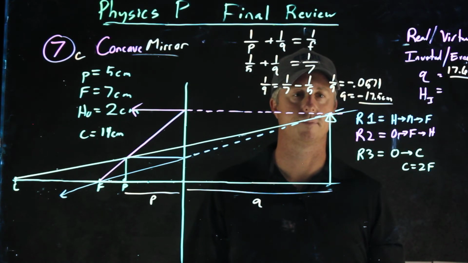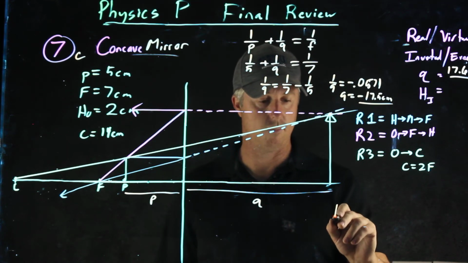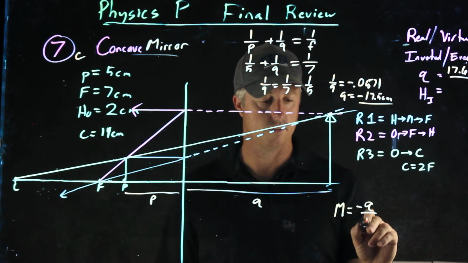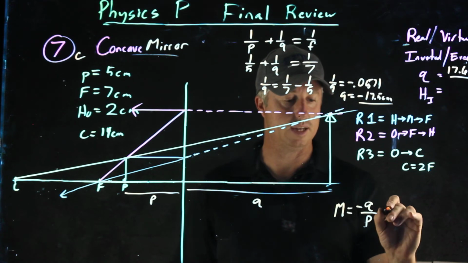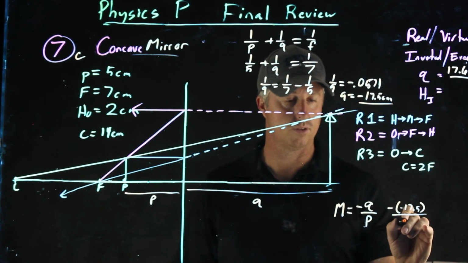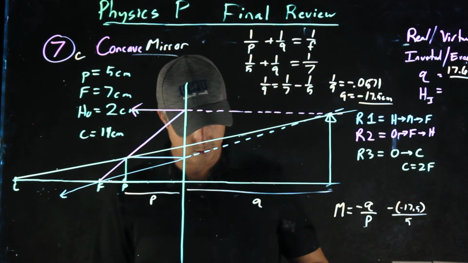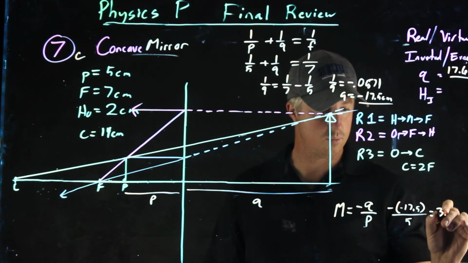I'm in good shape. I could take it another step further. The magnification M is equal to negative Q over P. So in this case, that would be negative negative 17.5 all over P, which was 5. So the M is 3.5.